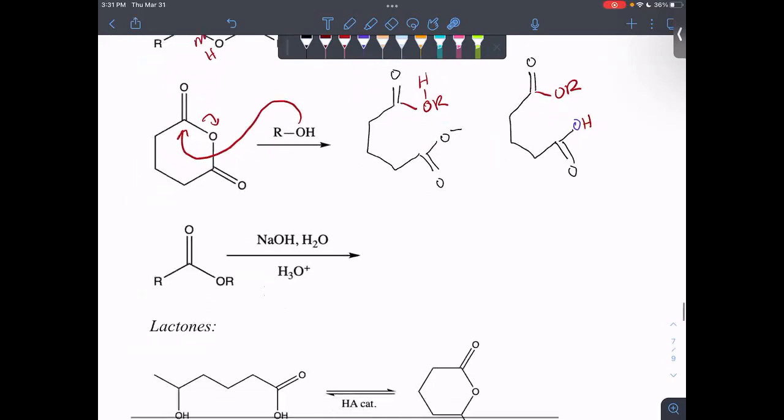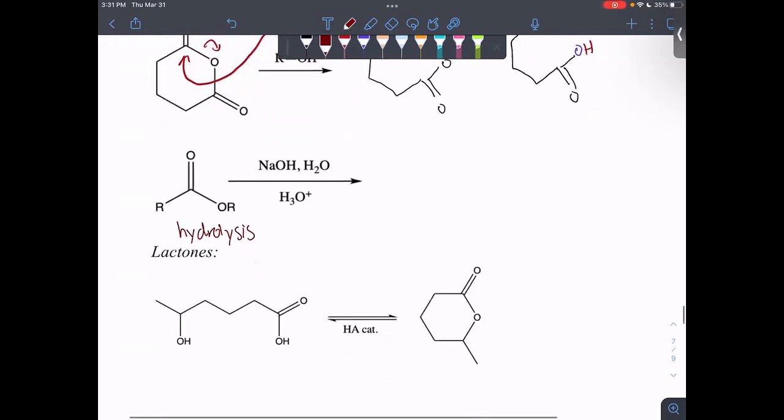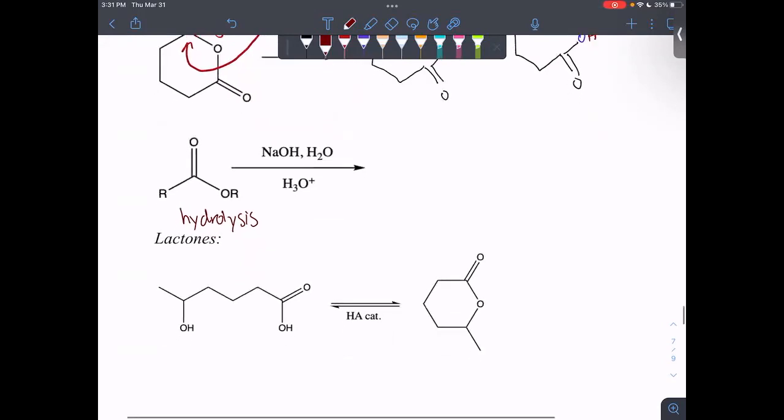And then the very last one is just ester hydrolysis. So we're going in with water and hydrolyzing, or just splitting the ester open. What happens here is that the base is going to attack.